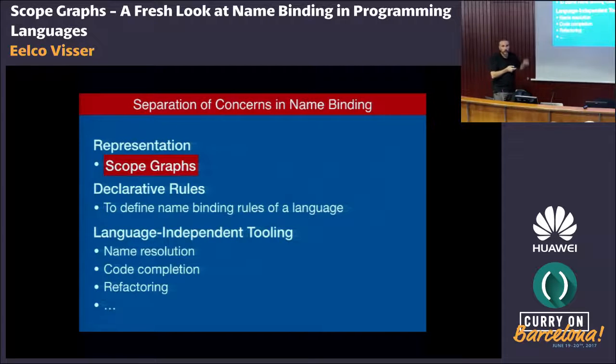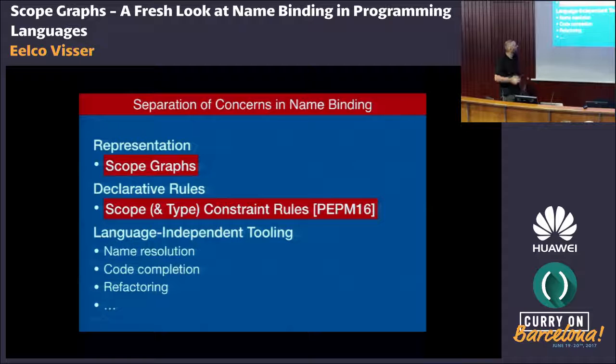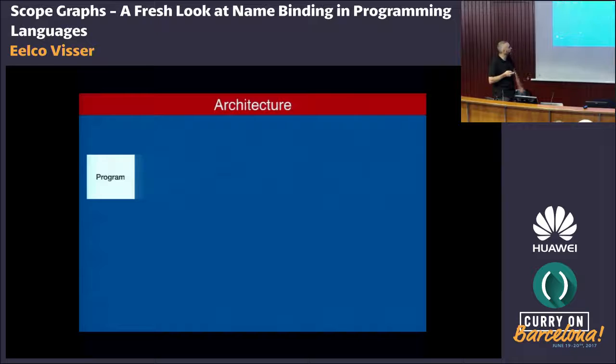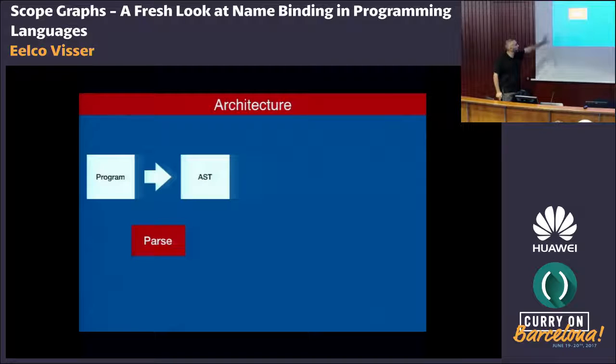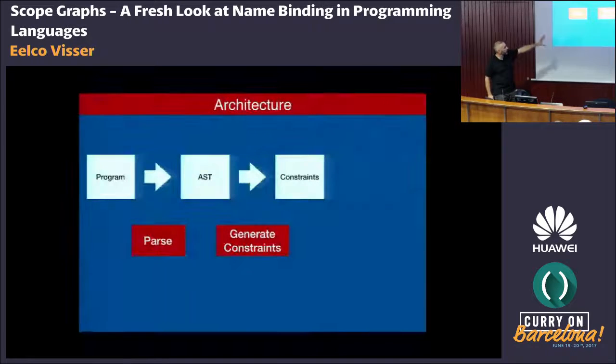The next step is we would like a language for describing these things, similarly as we have context-free grammars for syntax. And for that we have designed a constraint generation language that maps abstract syntax trees to constraints. So what's the architecture? We take a program, we parse it, get an AST.